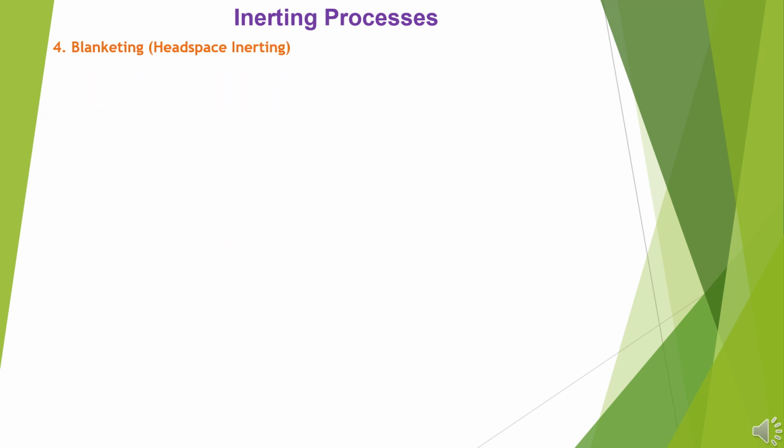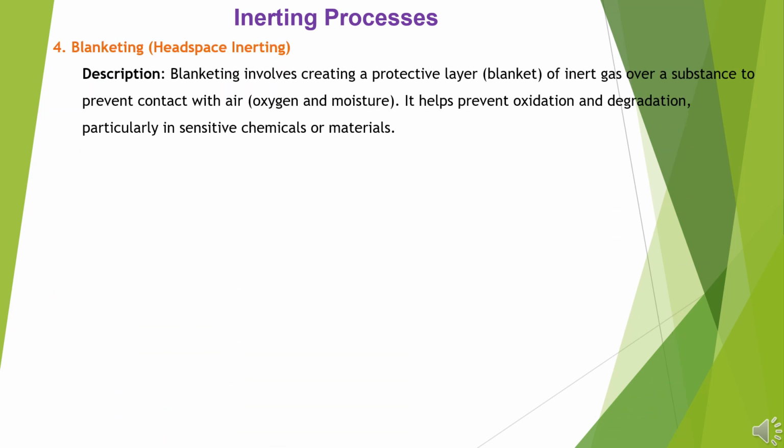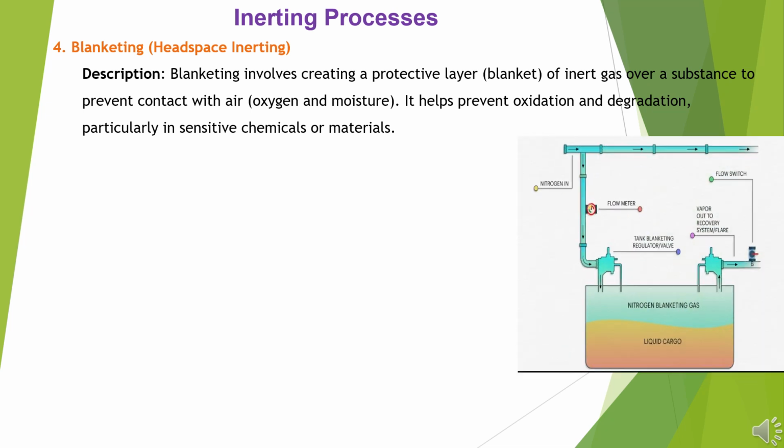Four. Blanketing, headspace inerting. Description: blanketing involves creating a protective layer, blanket, of inert gas over a substance to prevent contact with air, oxygen, and moisture. It helps prevent oxidation and degradation, particularly in sensitive chemicals or materials.